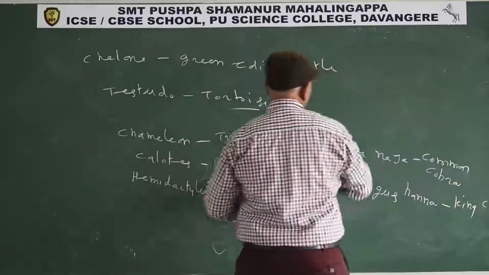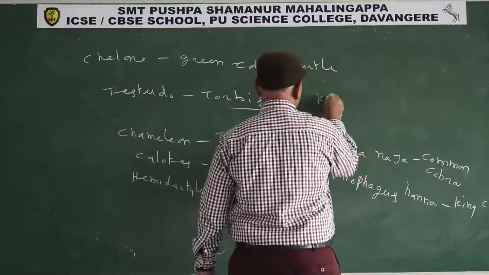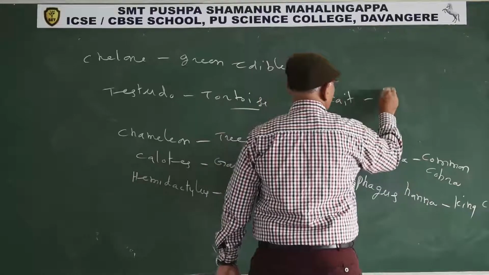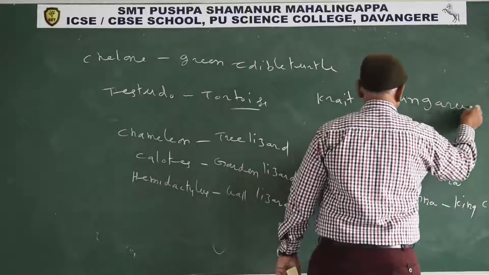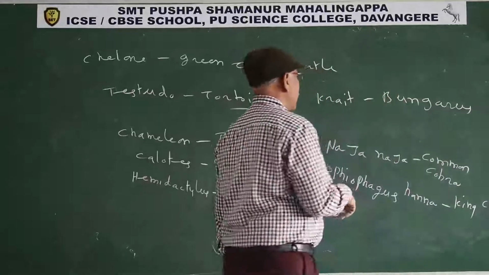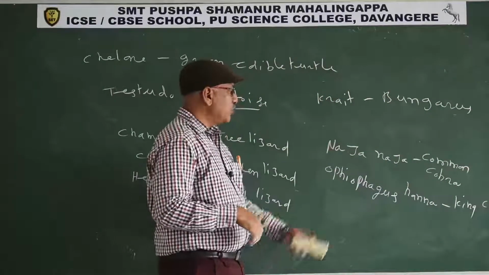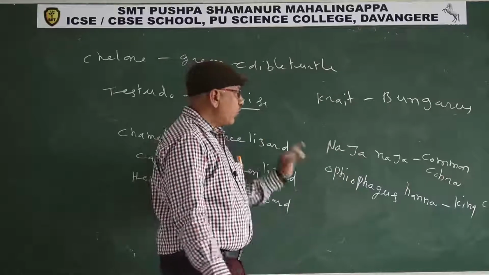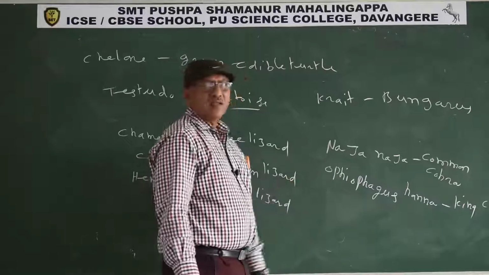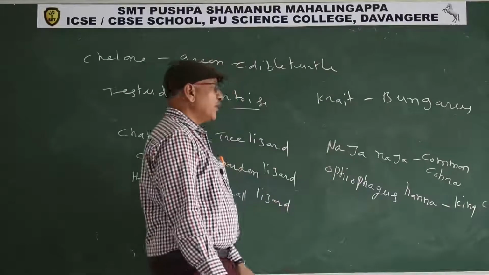Other examples, krait. Krait belongs to genus Bungarus. Bungarus is 7 times more venomous than cobra. Cobra's venom affects the respiratory center in the brain.